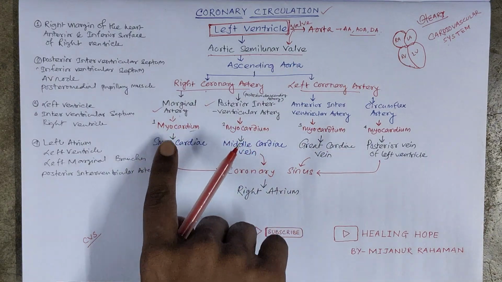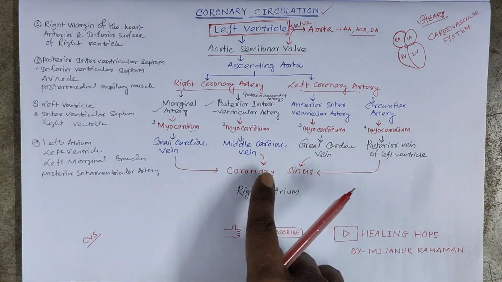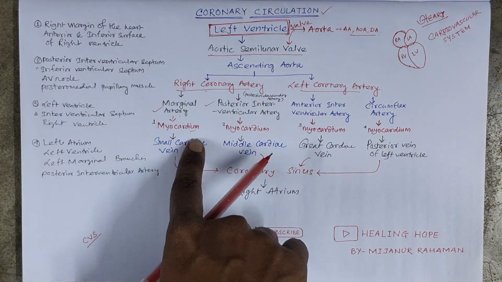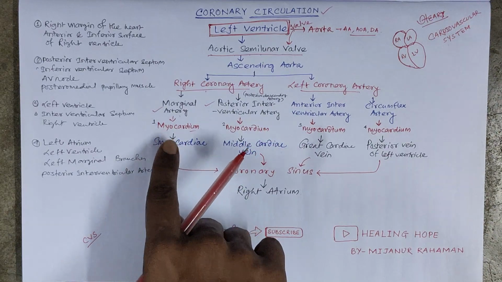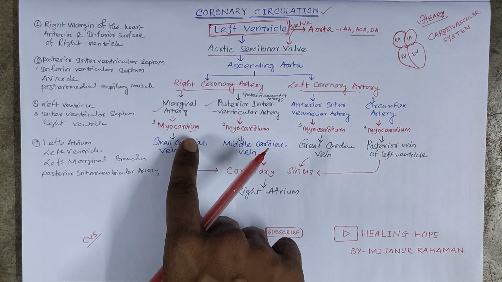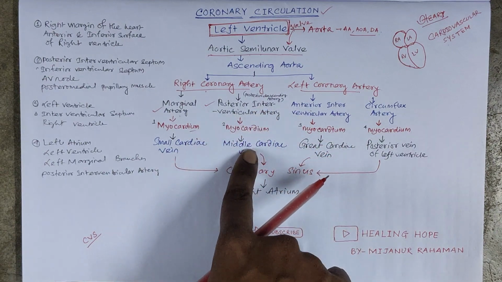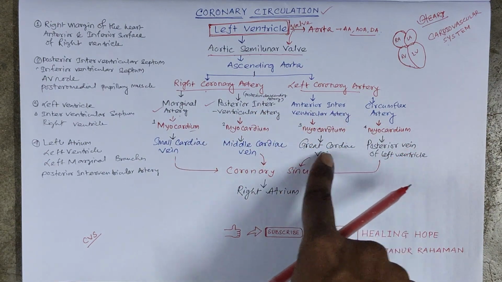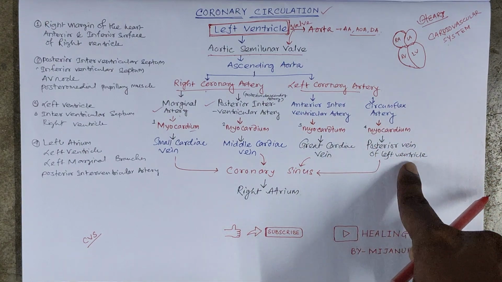Then this oxygenated blood goes to these parts that we have discussed, and then the deoxygenated blood will be collected by the small cardiac vein from the right margin of the heart and the anterior and inferior surface of the right ventricle. This part is supplied by the middle cardiac vein, this part by the great cardiac vein, and this part by the posterior vein of the left ventricle.